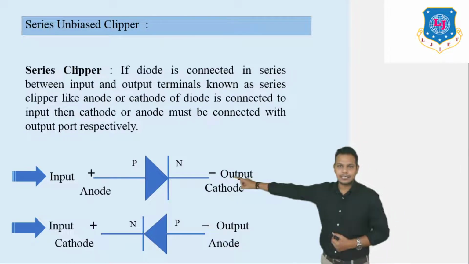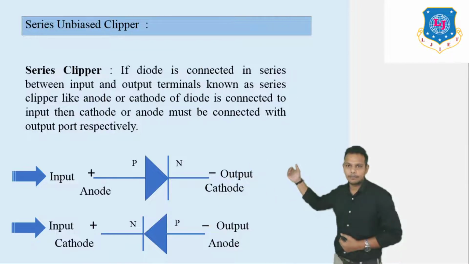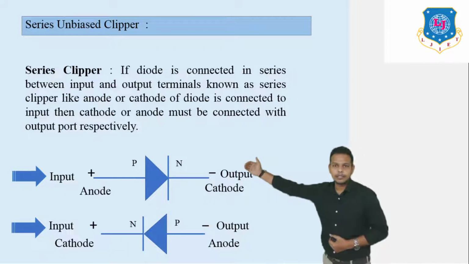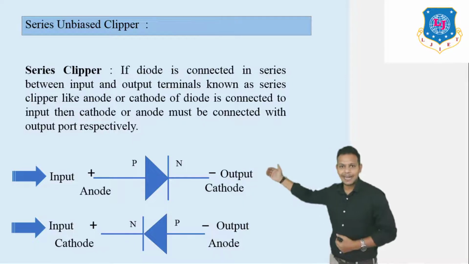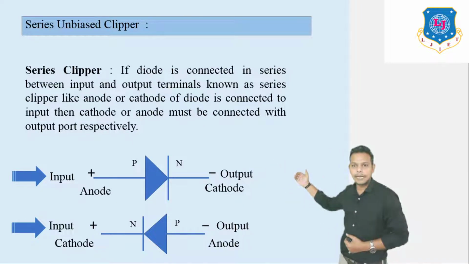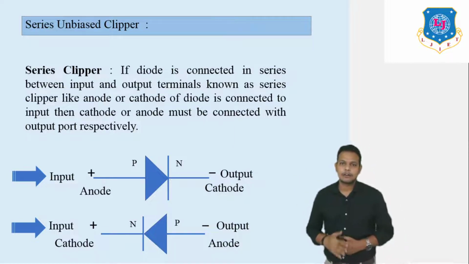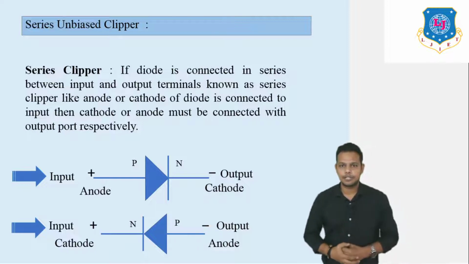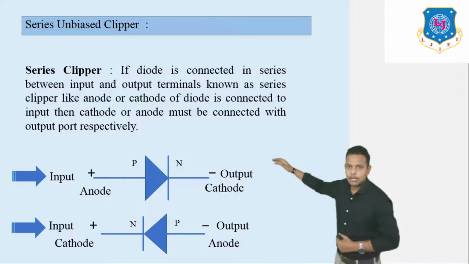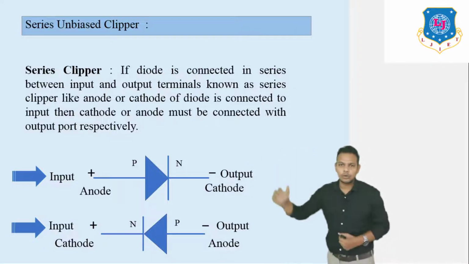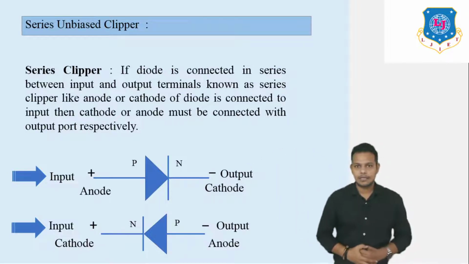This terminal is known as P and this side is known as N. Whenever the P side is connected to the positive of the input signal and the N side is connected to the negative of the output terminal, this is known as the forward bias region, right? So current always flows from input to output, plus to minus, so it works in forward bias.